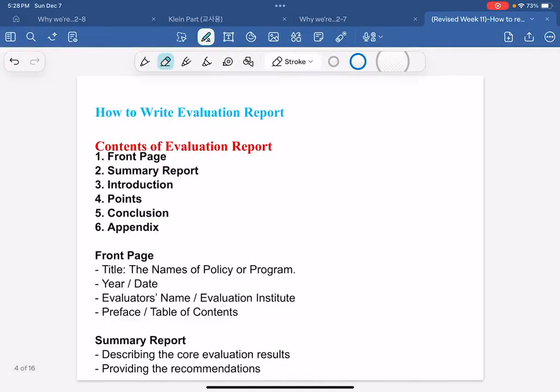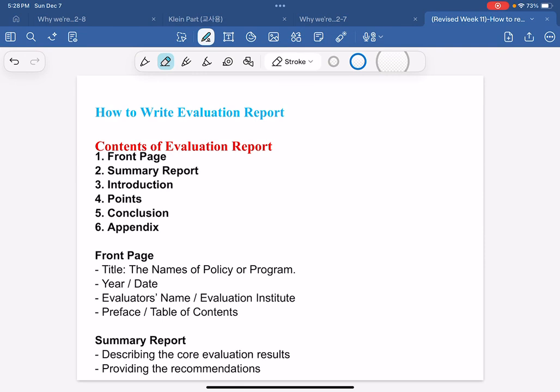And finally, you need to write the final evaluation report for your stakeholders. Maybe in the public evaluation process, stakeholders will be public officials who are responsible for policy, to help public officials understand evaluation result.